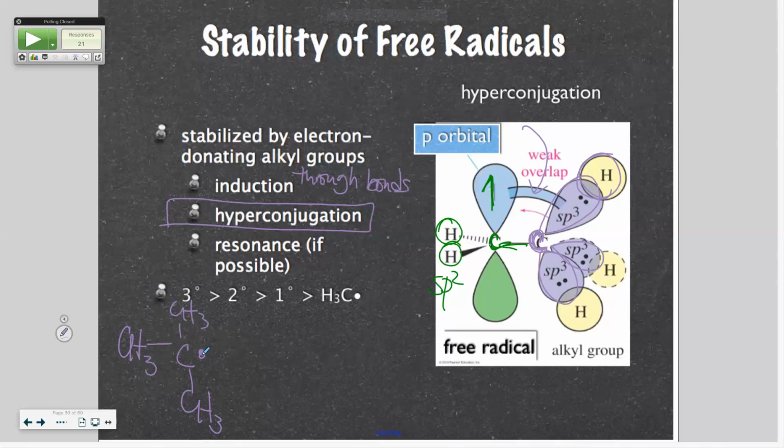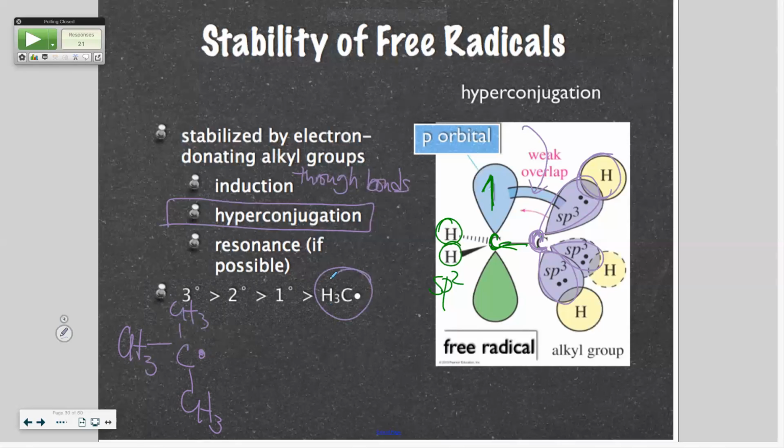So here's your flat free radical. Here's your p orbital, and you've got a methyl here, a methyl here, and a methyl here. And all 3 of those can do hyperconjugation through space to help stabilize that p orbital with its little lone electron. So tertiary, and secondary is in between. What is this?